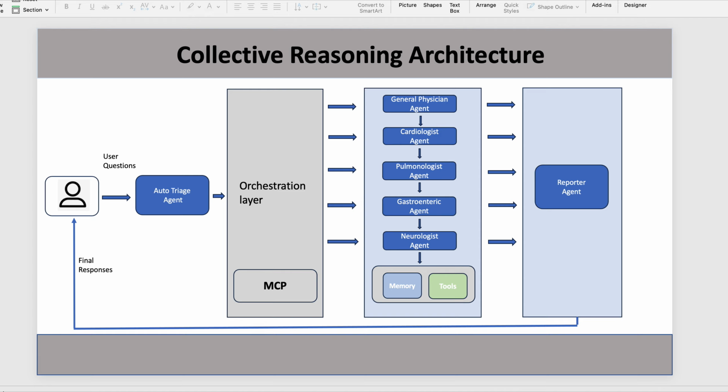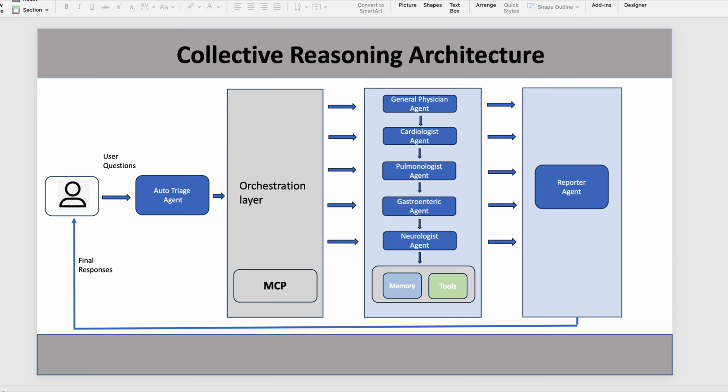Then come the specialist agents, a group of experts, that is AI doctors: general physicians, cardiologists, pulmonologists, gastroenterologists, and neurologists. Each looks at the question from their own area of expertise using their own skills and reasoning. Then comes the multi-agent debate.